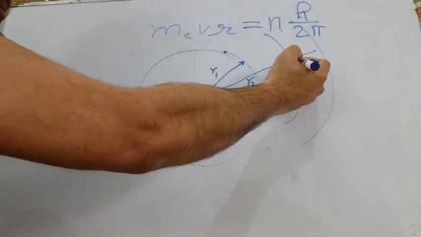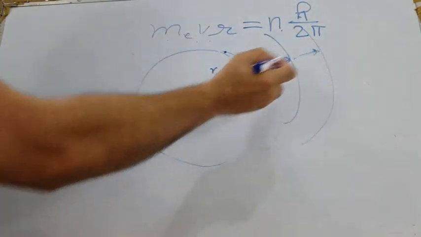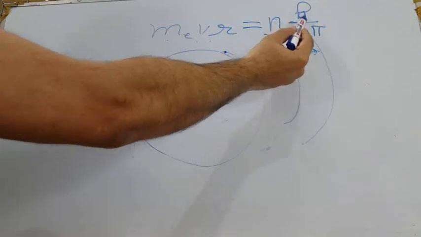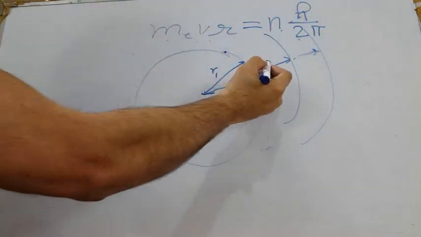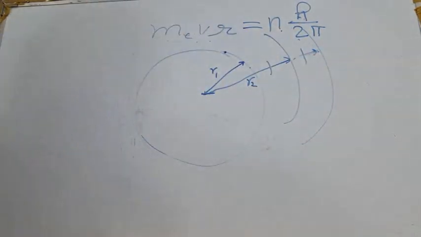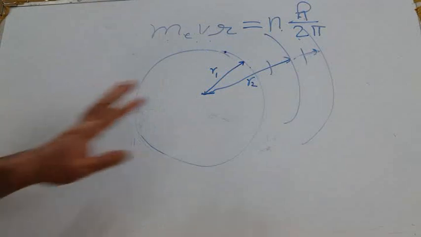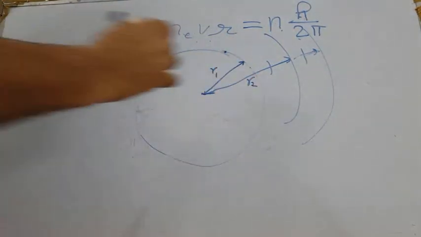Similarly, it would go to the third orbit where its angular momentum is 3h upon 2 pi, and not in between. I think this is now clear to you.